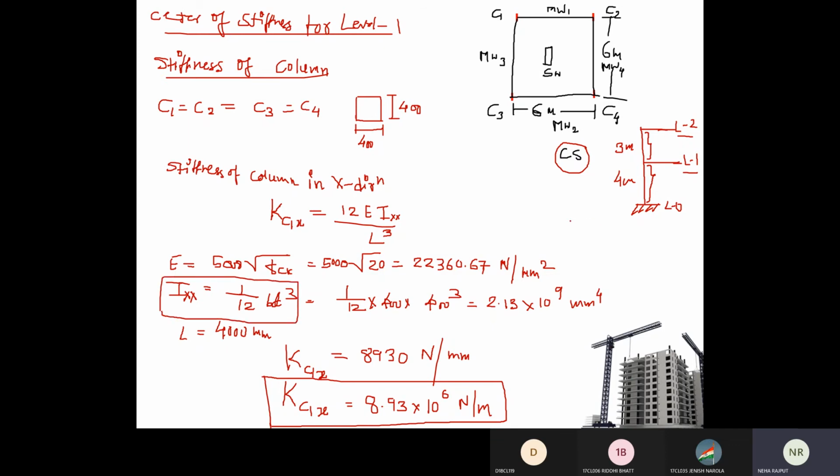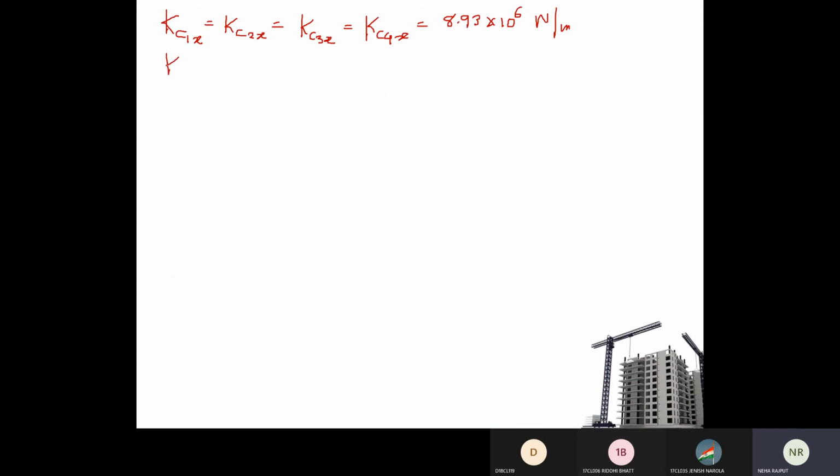If it is a circular section, the moment of inertia will be pi by 64 d raised to 4. If it is a rectangle, then the same equation, 1 by 12 b d cube. Right. Now here you have a square column, so the moment of inertia in x and in y, both directions, will be the same, so we don't have to perform the stiffness calculation again for the y direction of C1 or any of the columns.